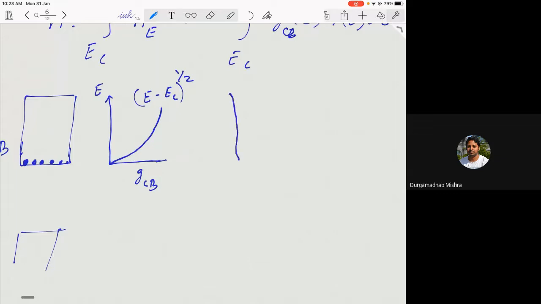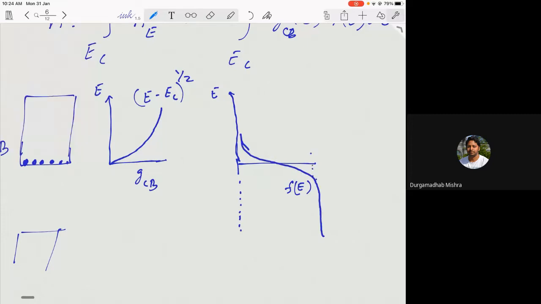Now how would the probability distribution vary? On this axis I always have E, and I'll plot f of E. If you remember, some states will be occupied above the Fermi level, and most of the states below.